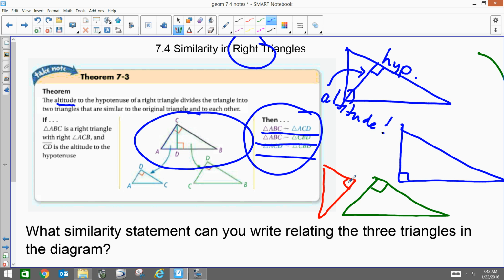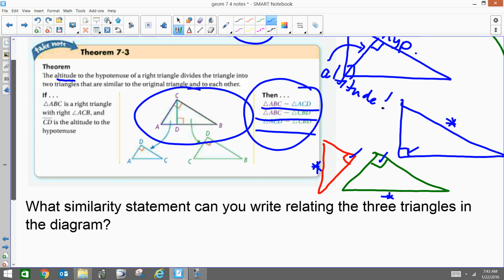So we would talk about this angle and this angle matching up, which means this side and this side would match. Remember, we talked about the proportions on the similar triangles being a match.